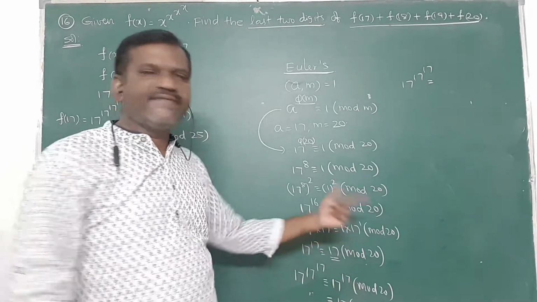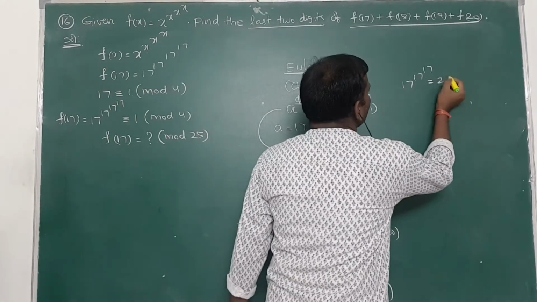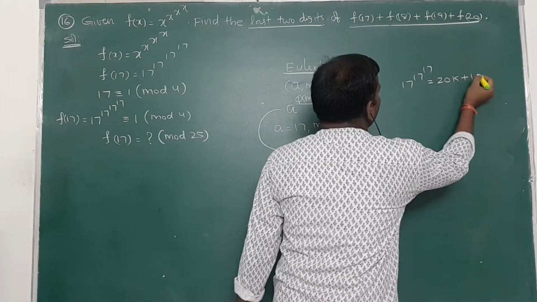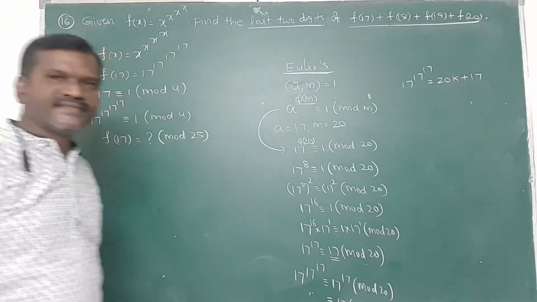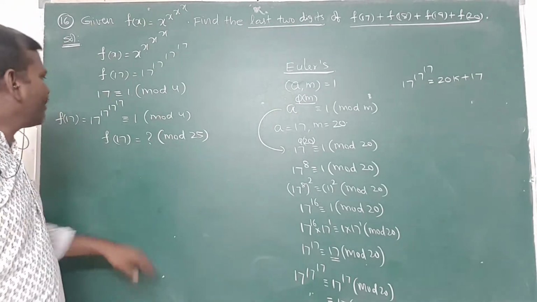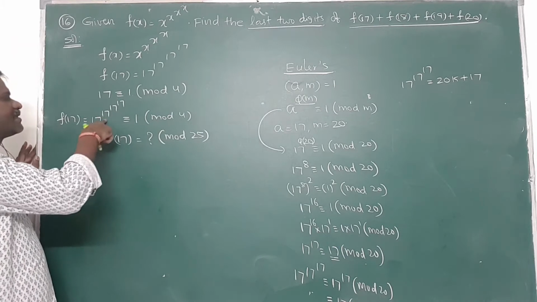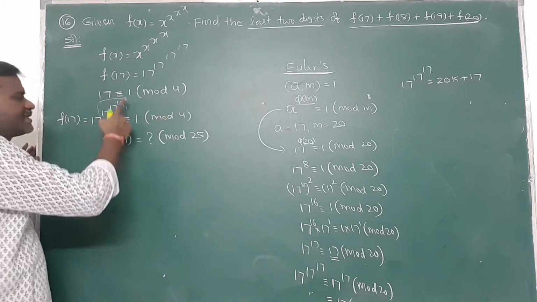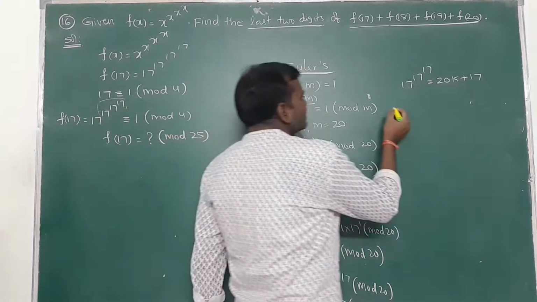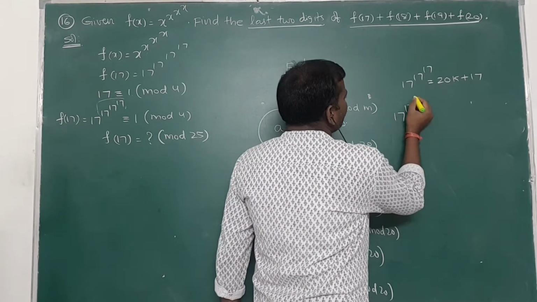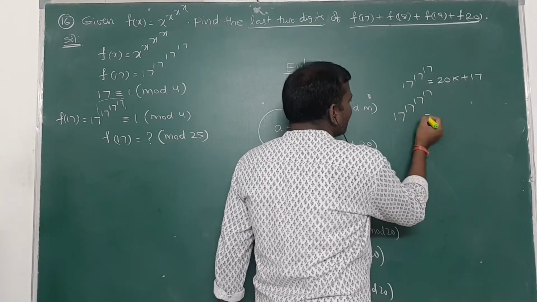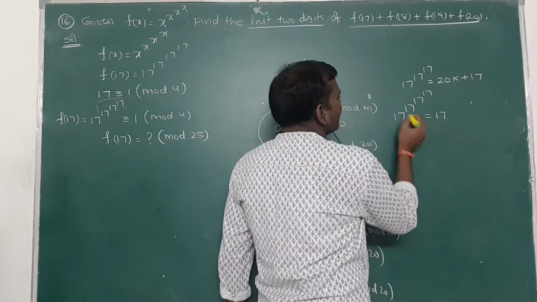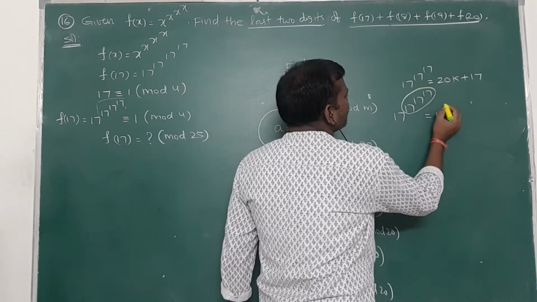So, by using the division algorithm, it can be written in 20k plus 17 form. Now my aim is to find 17 power 17 power 17. This part is already represented as 20k plus 17. Now 17 power 17 power 17 can be written as 17 power (20k plus 17).